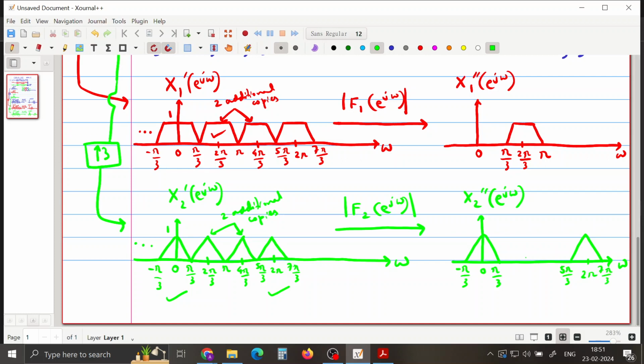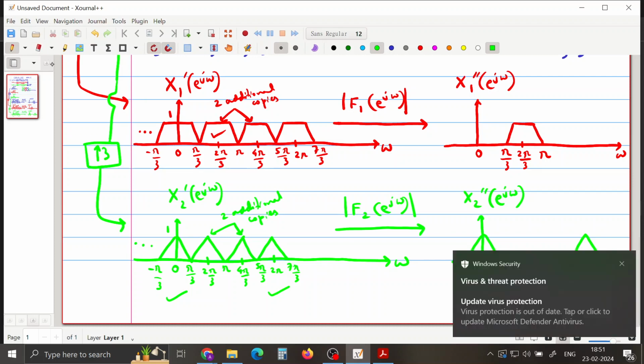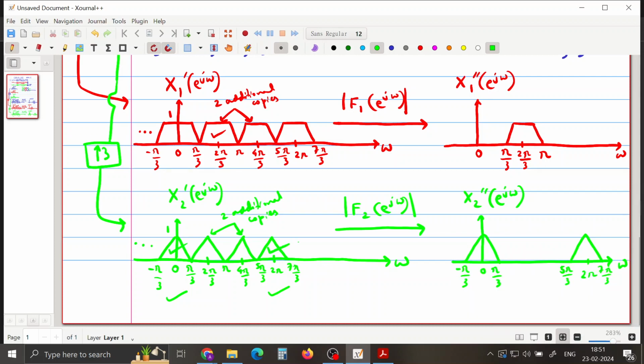Okay, so basically these are the portions which are passed, and this is the portion which is discarded. So I'm labeling by tick mark and cross.